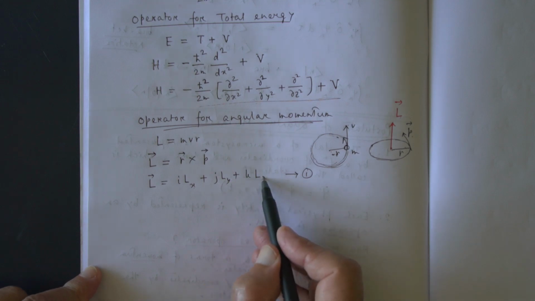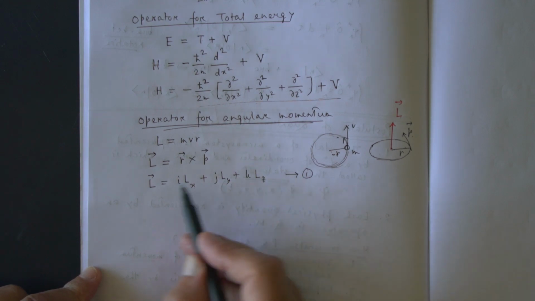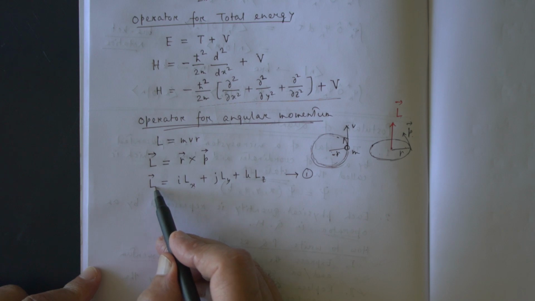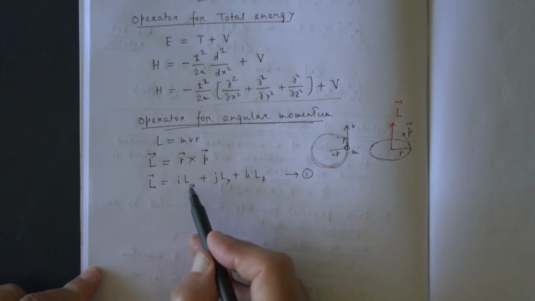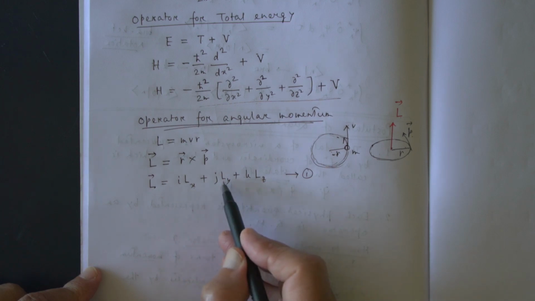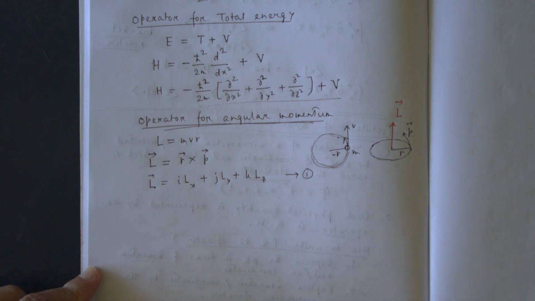These are the components of angular momentum along x, y and z axis. Lx is the component of angular momentum along x axis, Ly the component along y axis, and so on, Lz along z axis.